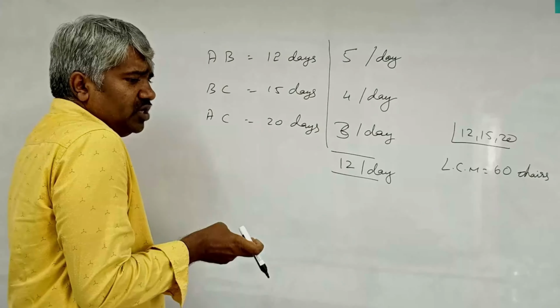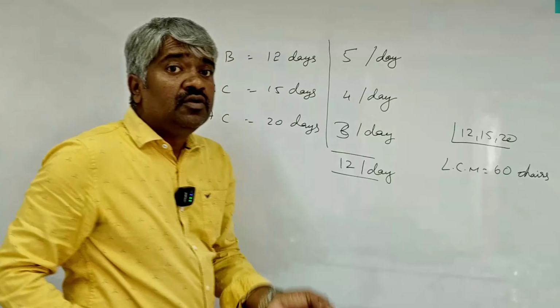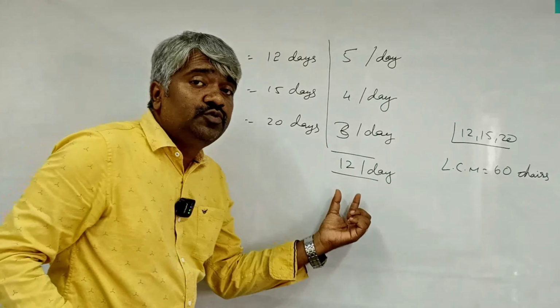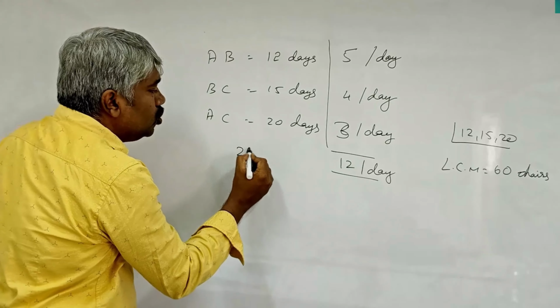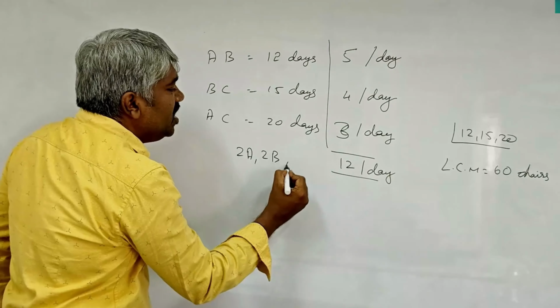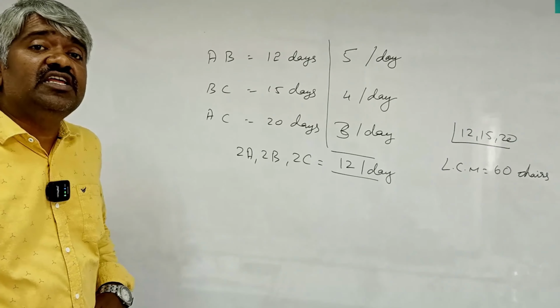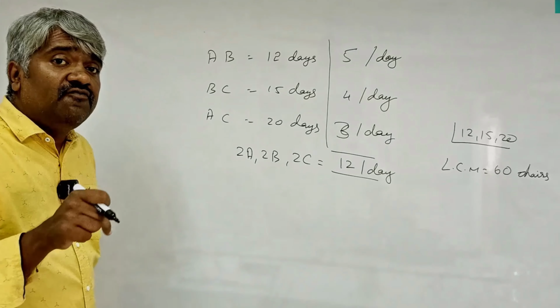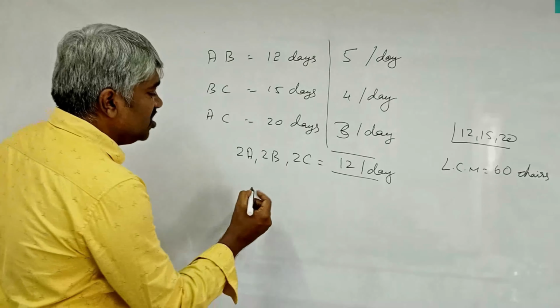So, when they work together, how much time will they take to complete the 60 chairs? Be careful. This 12 is when you add everything together. That is 2A, 2B, and 2C taking 12 chairs to manufacture in one day. But I need to find when 1A, 1B, and 1C work.